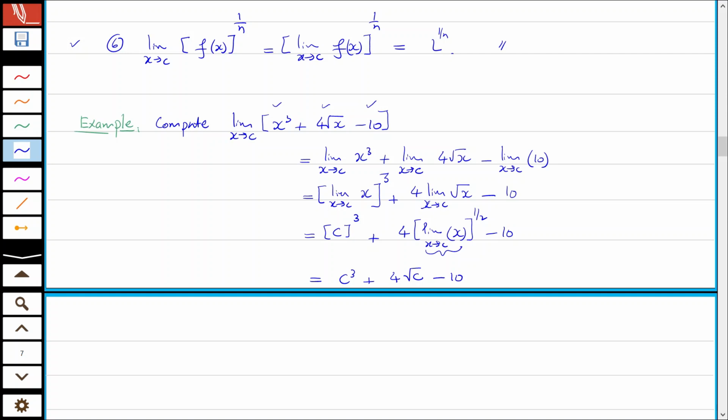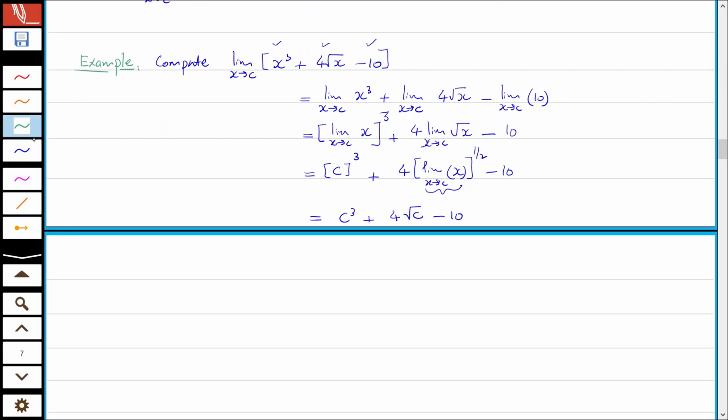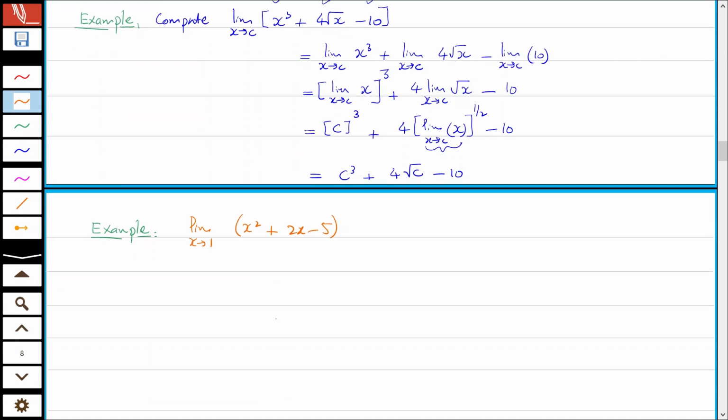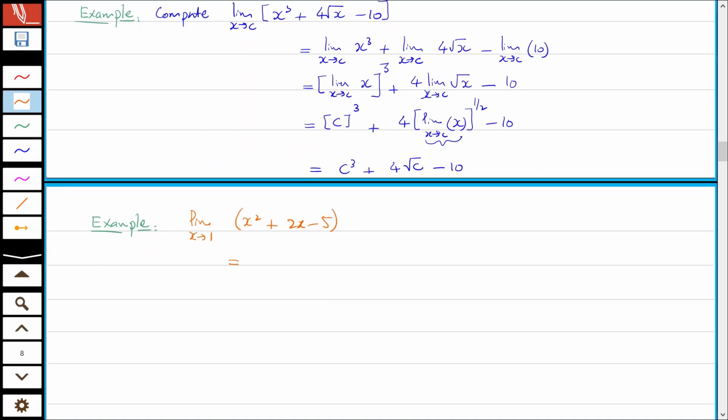And now, of course, when we have enough practice, then we can do it faster. For example, let me follow it up with another example of a similar function: limit x approaches 1 of x squared plus 2x minus 5. Now I know in this case, this is going to be 1 squared. Limit of x when x approaches 1 is 1.